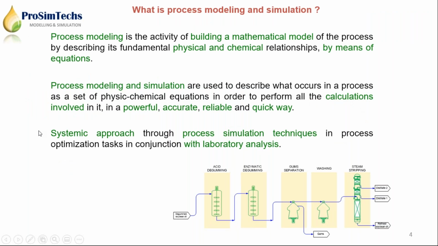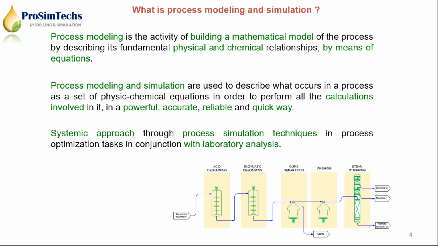Okay. So the first question that probably arises here is, what is process modeling and simulation? And I would say that process modeling is the activity tending to represent an industrial process, basically by describing the fundamental phenomena that occur in it.